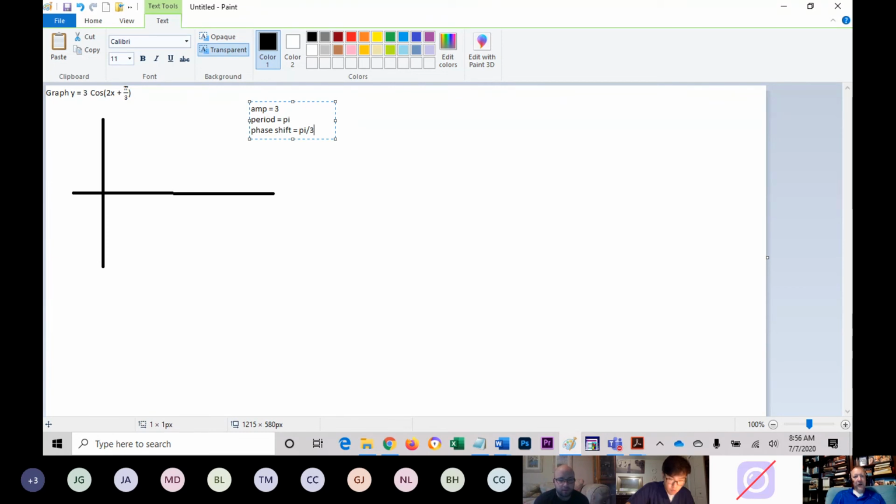Yeah, so negative c over b. So remember, it's going to be the opposite sign, negative. So pi thirds divided by 2. So that becomes what? I think that's 2, so it'd be negative 2 pi thirds.